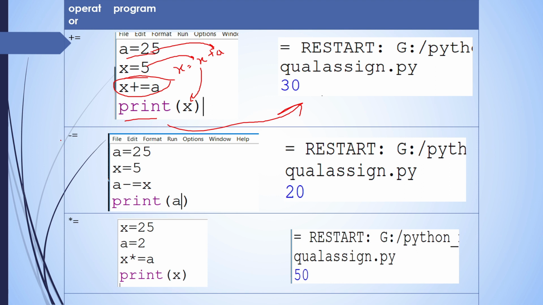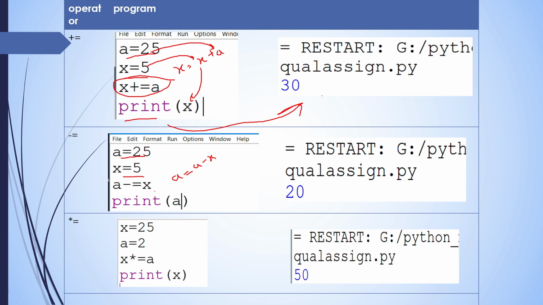Now minus equals to. Again a is equals to 25, x is equals to 5, a minus equals to x. That means a is equals to a minus x. That is the assignment operator.